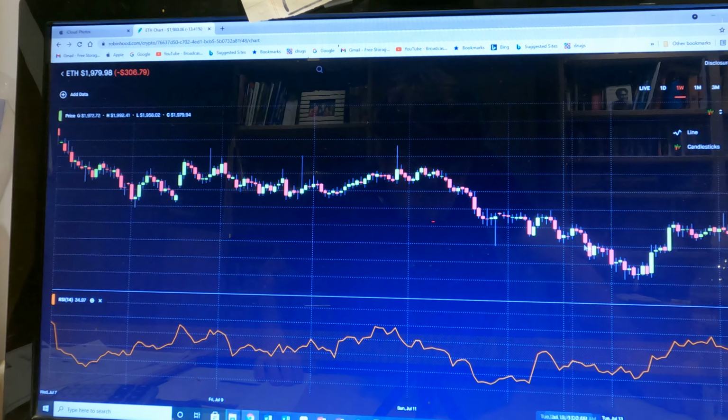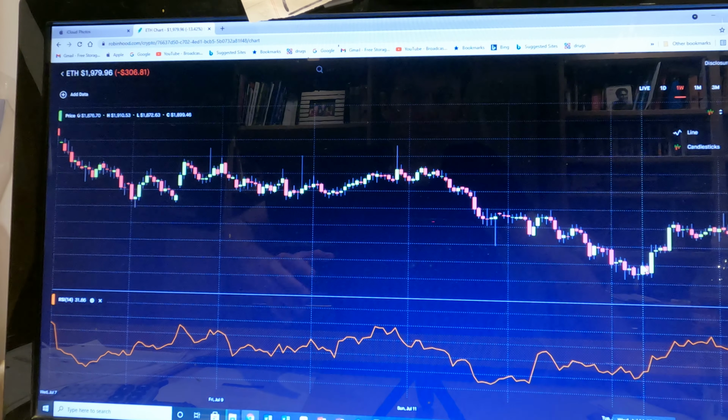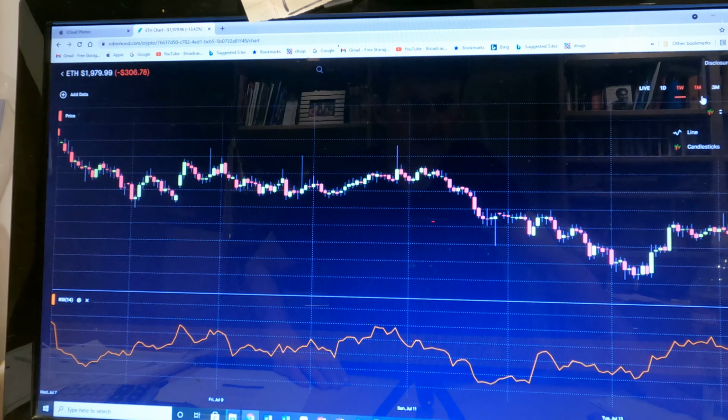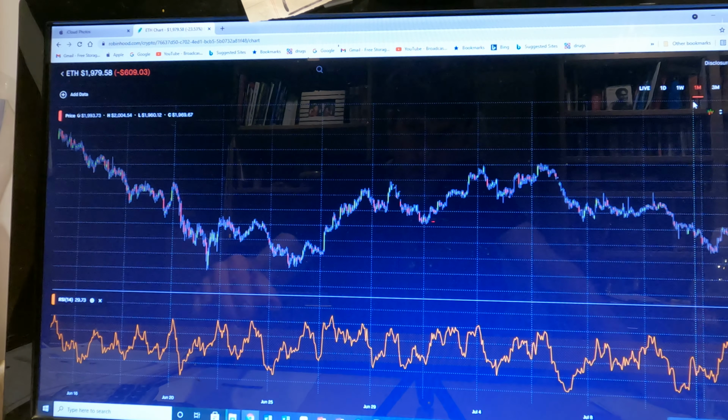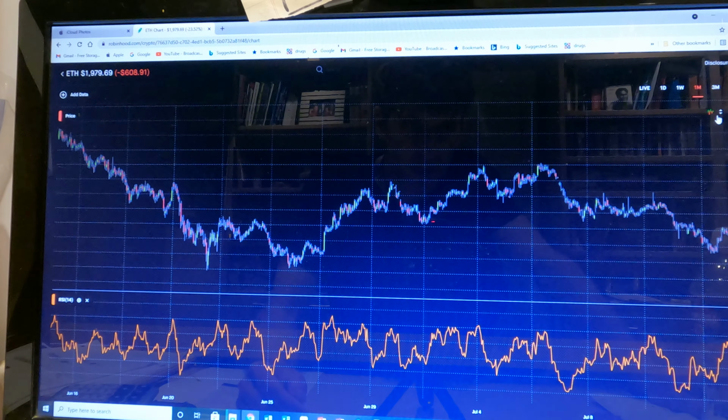We've hit the 2000 mark plenty of times. It's touched it, but now it's breaking through it multiple times. And so we can go to the one, let's go back one more. Look at that. We can go to the candlesticks.